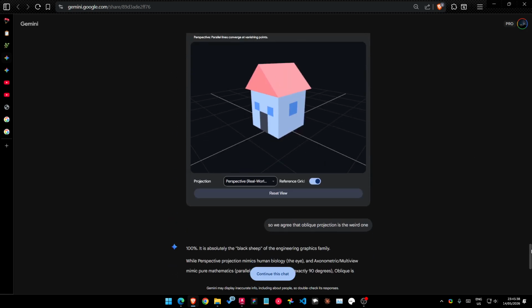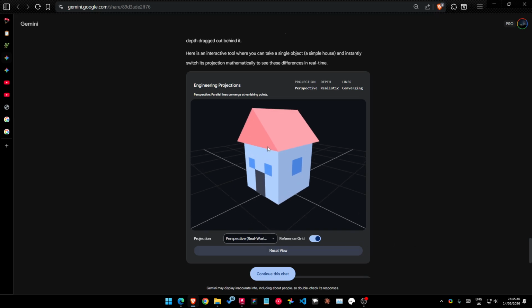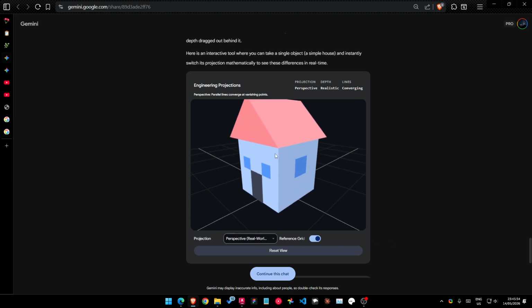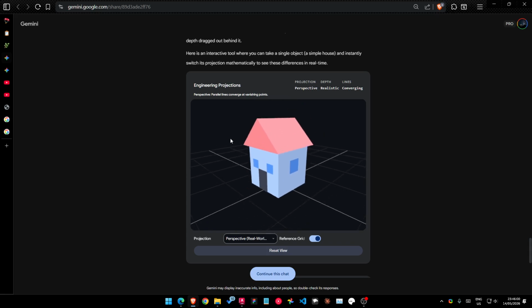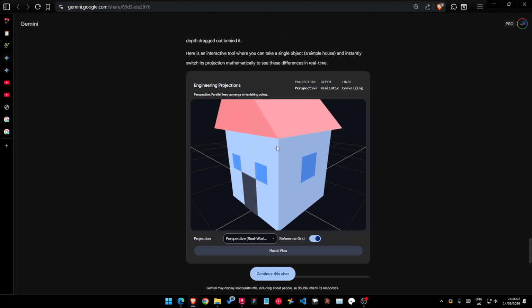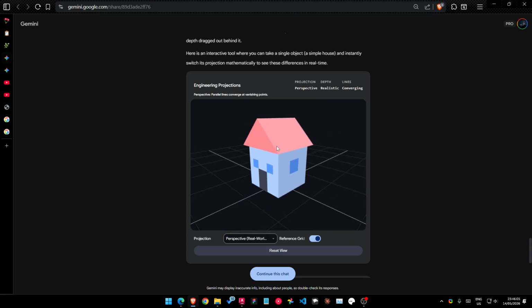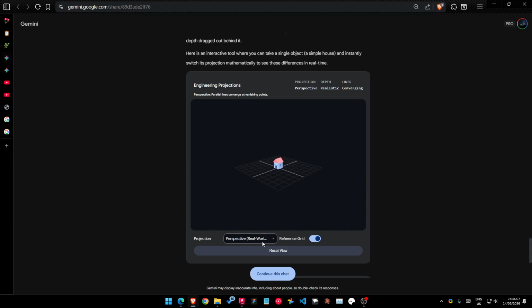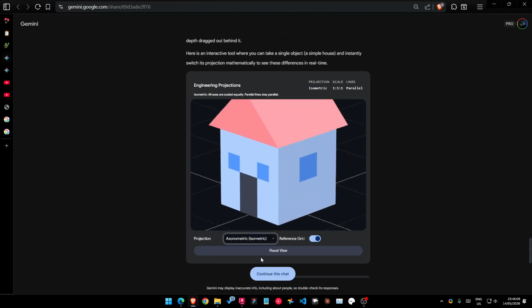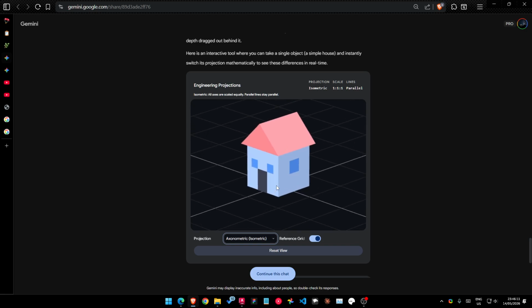Let's take this house for an example. In perspective, you can see what's closer to us moves faster than what is farther away, and you can feel the difference of how, if we zoom out till infinity, we will reach isometric view. See how everything just feels at perfect angles. There's no distortion happening.